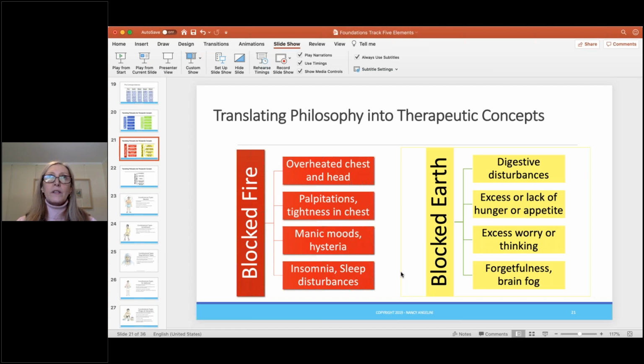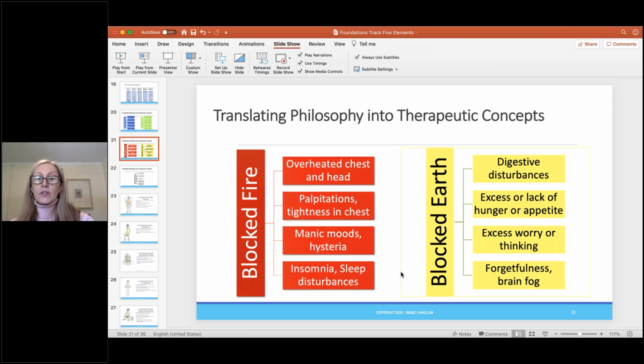Manic moods mean one day really happy and fun loving and fine, and the next day really flat affect, kind of whatever, and then the next day after that, really bouncing off the walls, right? And they'll have insomnia where they might have a hard time going to sleep, or they wake up and then go back to sleep and then wake up like that.